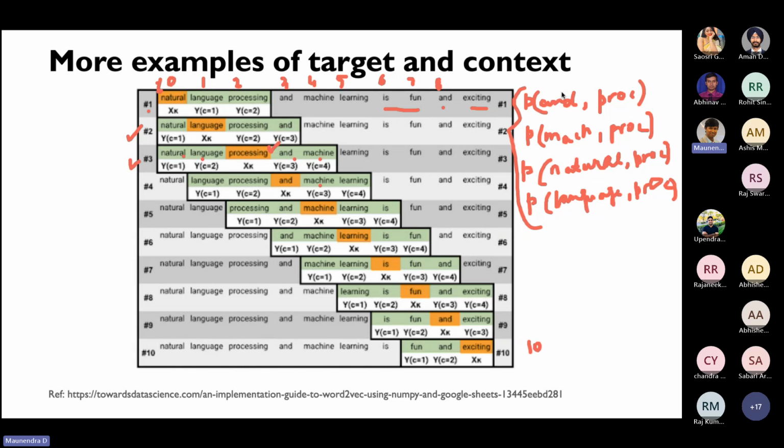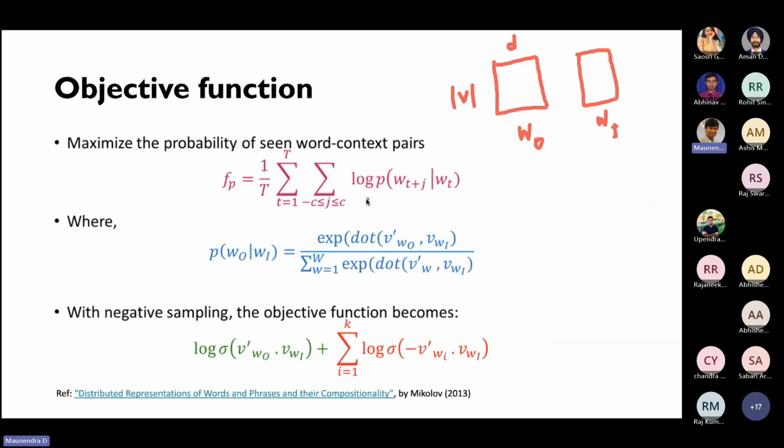As we look at all the different contexts in which this word appears, we get a sense of the topic to which the word belongs, and that way the representation is directed towards that topic. Each appearance of the word gives one such training instance, and this computation happens for each such appearance.